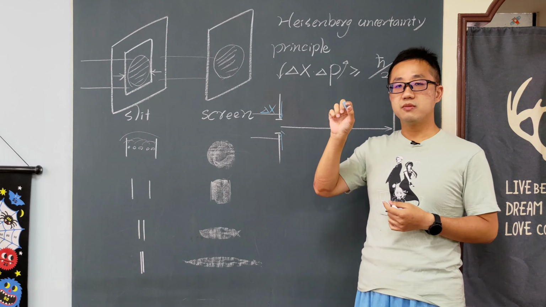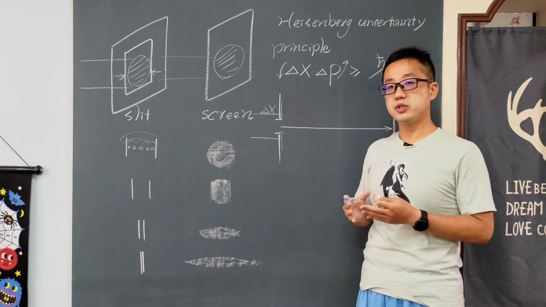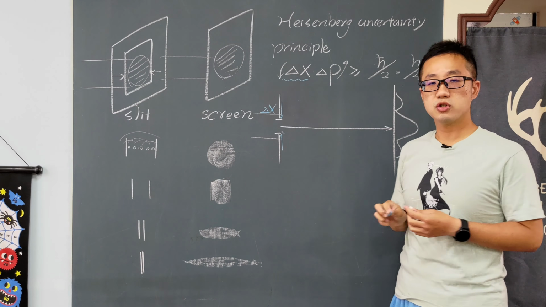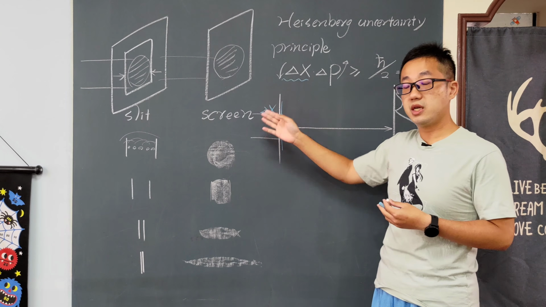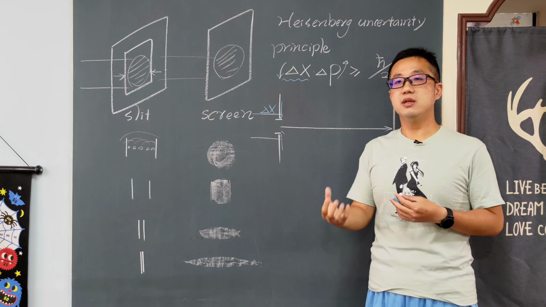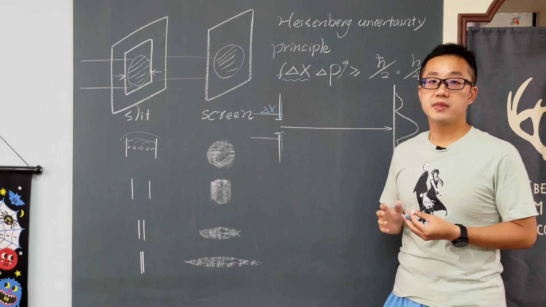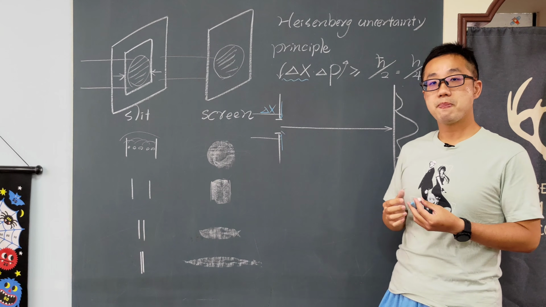If we have a really tiny space for the particle to pass through, that means we know so much about the position of the particle. We are decreasing the uncertainty in position. Meanwhile, that means you're even more confused about the momentum, so there is a larger uncertainty in momentum.